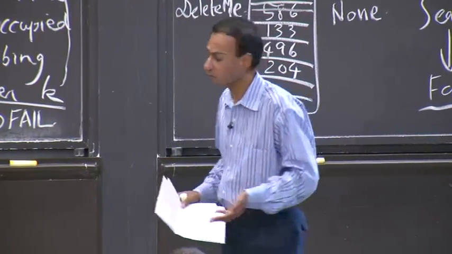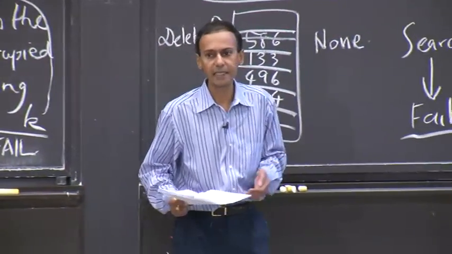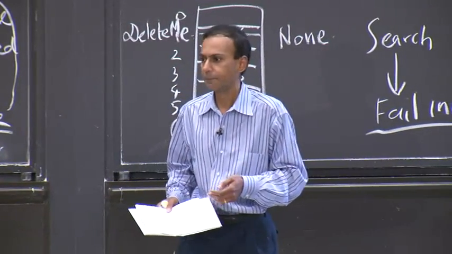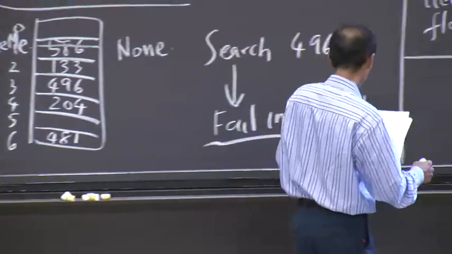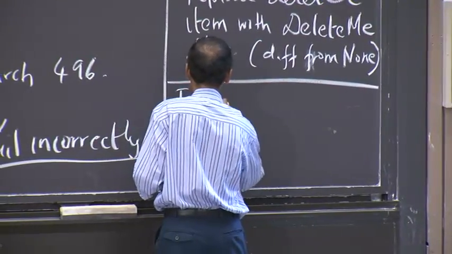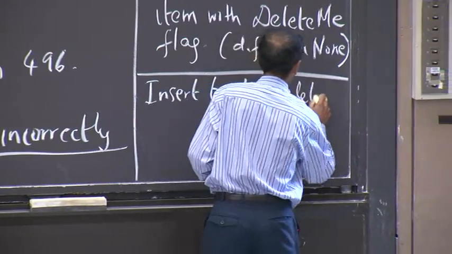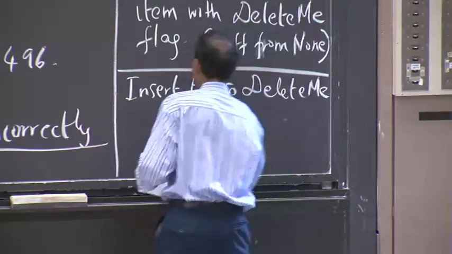And if you encounter an empty slot, which corresponds to none, at that point you know you failed and the key doesn't exist in the table. All right? So let me just write that out. Insert treats delete me the same as none.